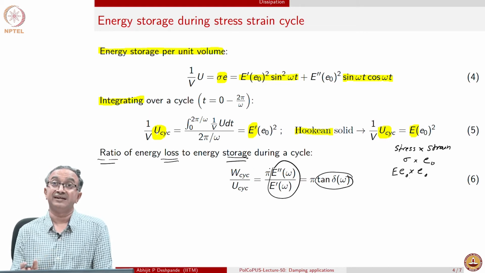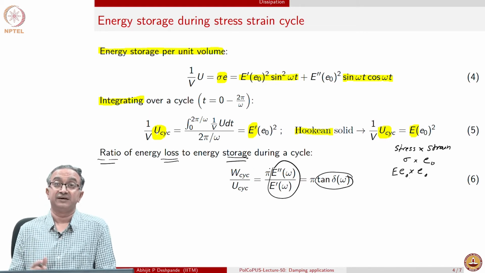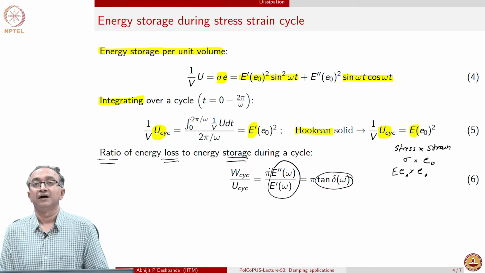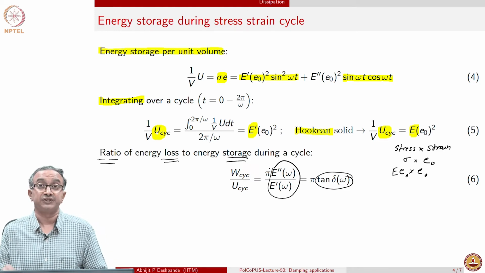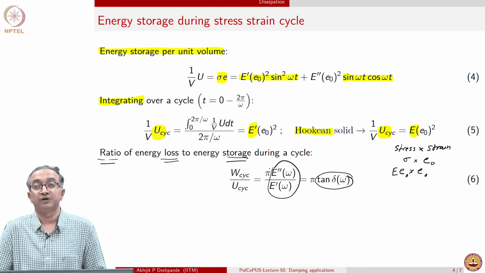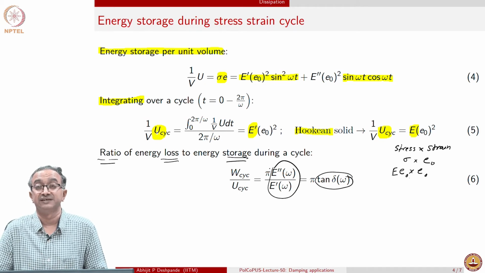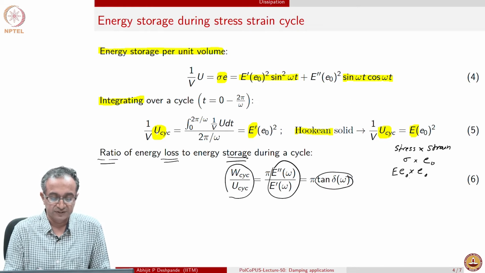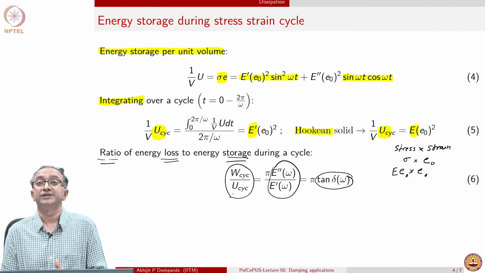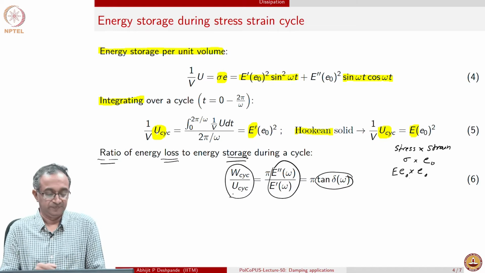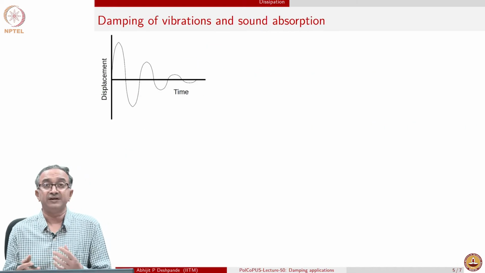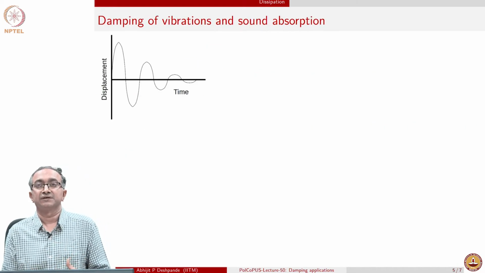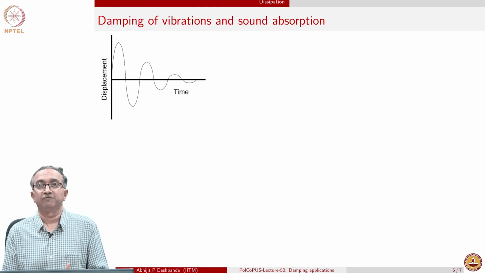And so, tan delta is an important material property which tells us about the loss in the material, and we call it loss factor or loss tangent. It directly tells us about the ratio of energy loss to energy storage by a material during a cycle. So, let us consider what is the phenomenon happening during damping of a material.